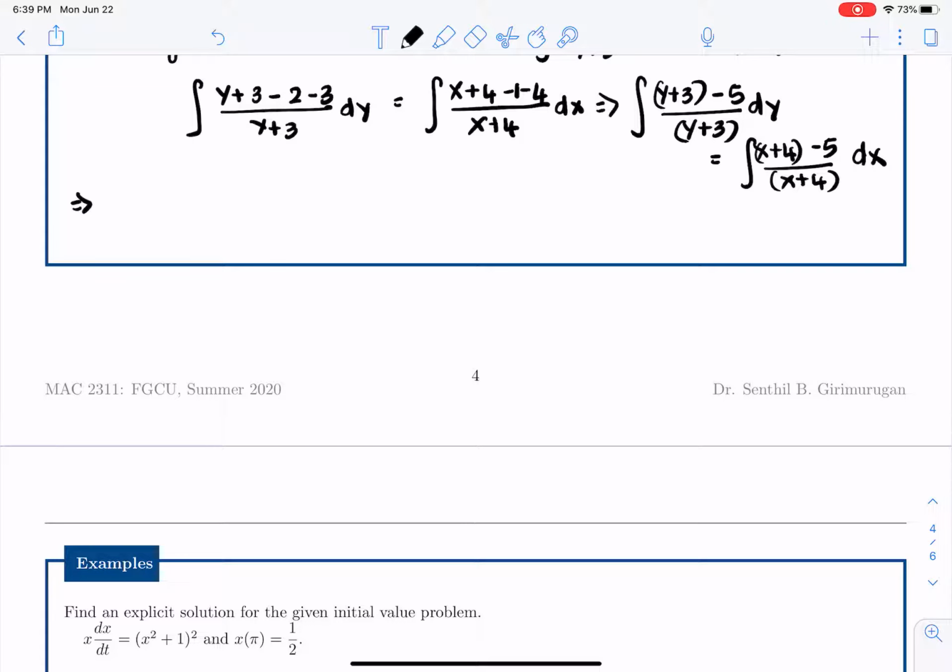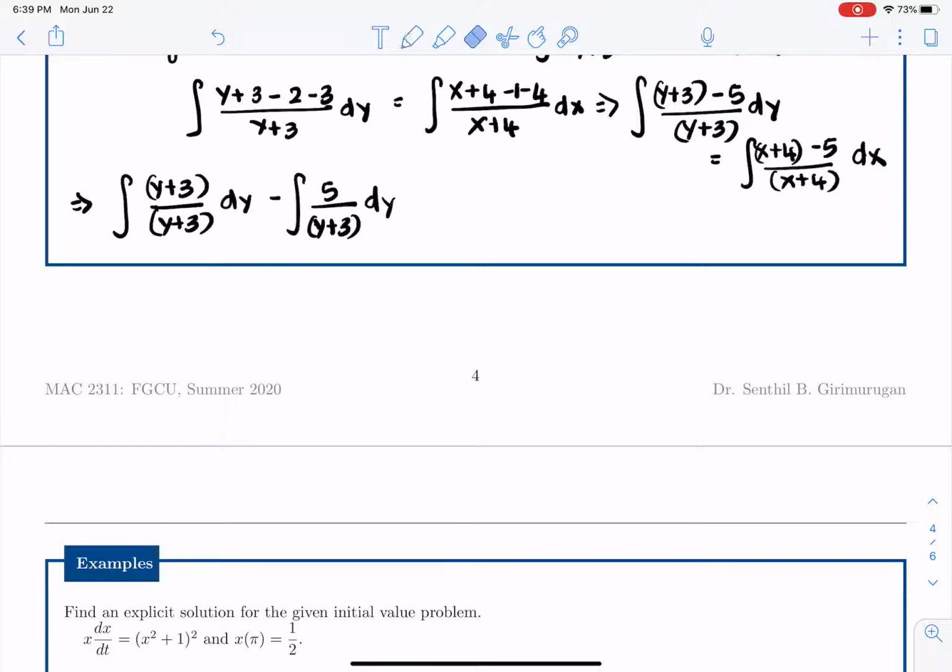I can split the integrals because I have a common denominator, so I'm splitting the numerators.